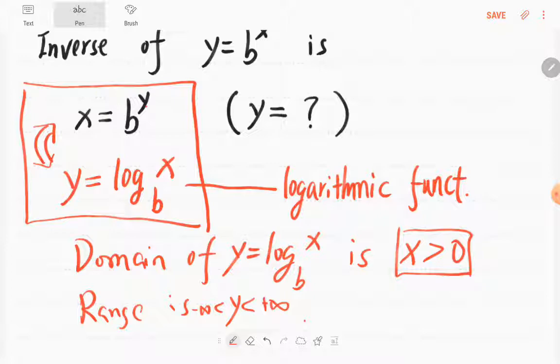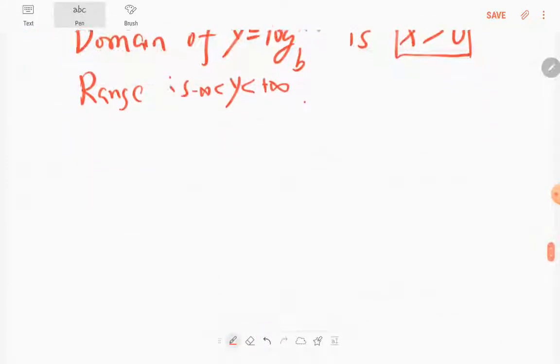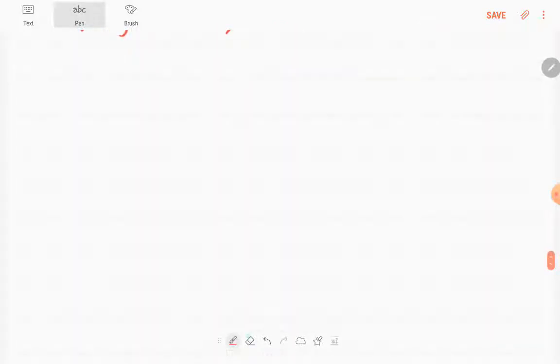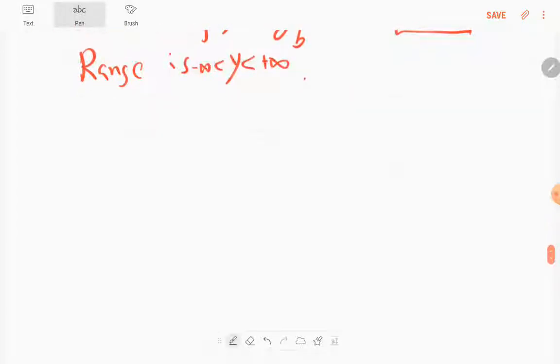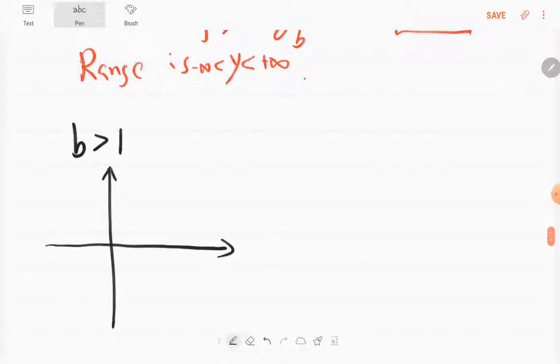So what about the graph? We also have two different cases, right? Because it's based on b. If b is greater than 1, then the graph is an increasing function.